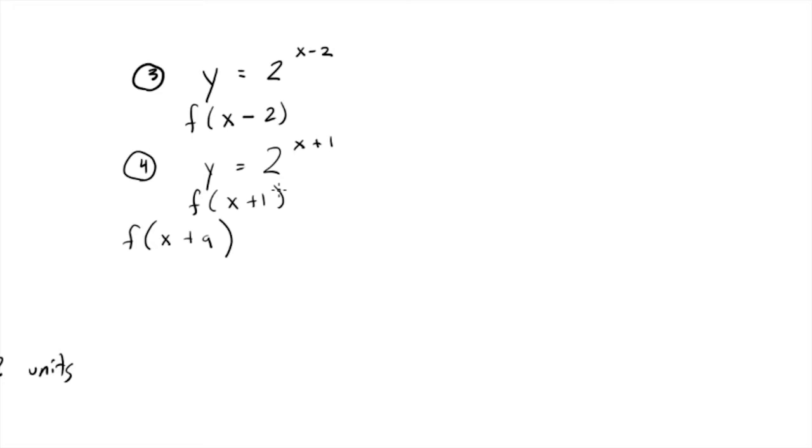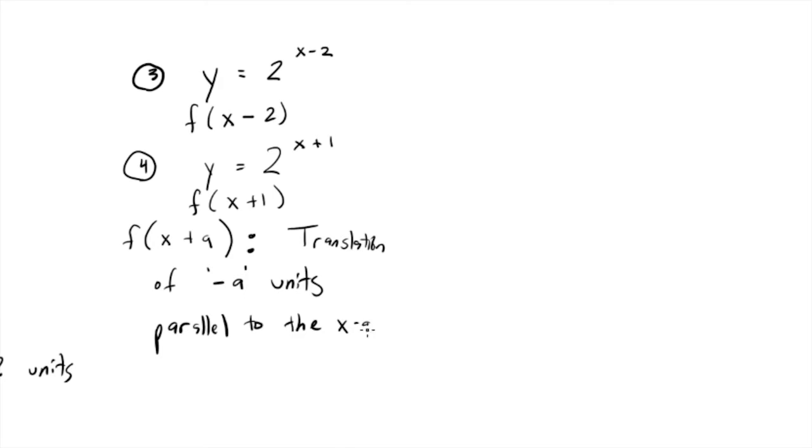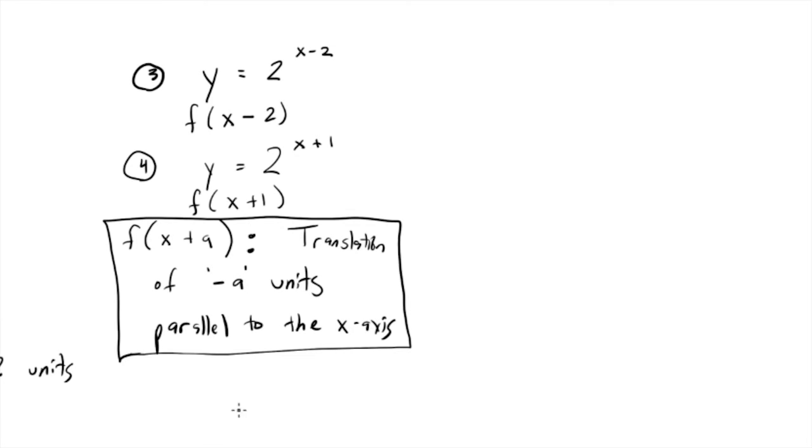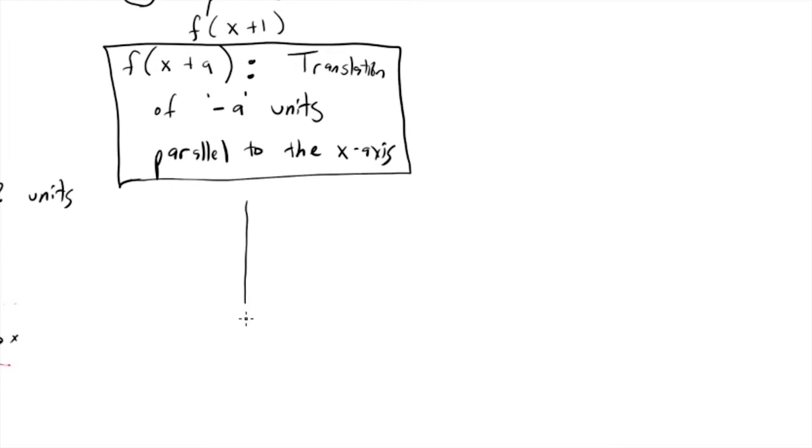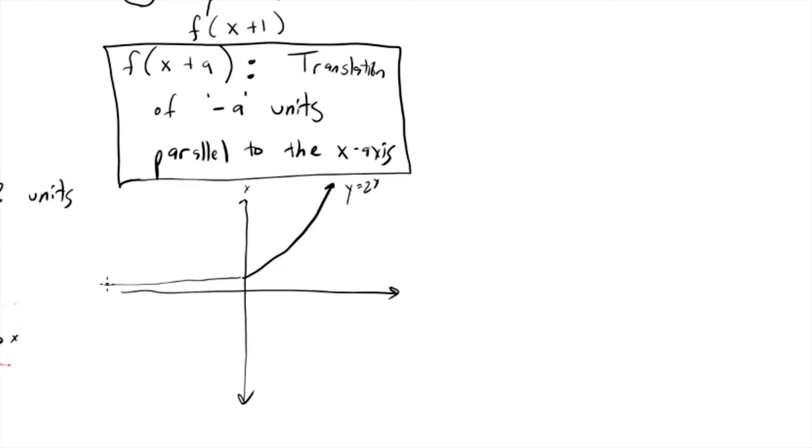So how would this affect our graph? The rule is then that it would be a translation of negative a or minus a units. Okay, so how would this look in comparison to our original graph? So again, we look at our original graph of y equals 2 to the x, crossing at 1.